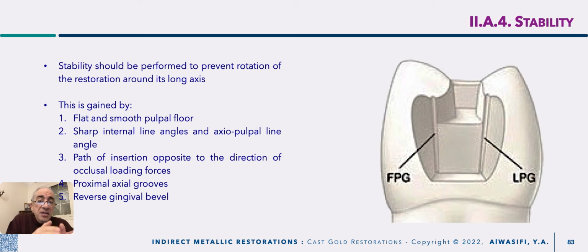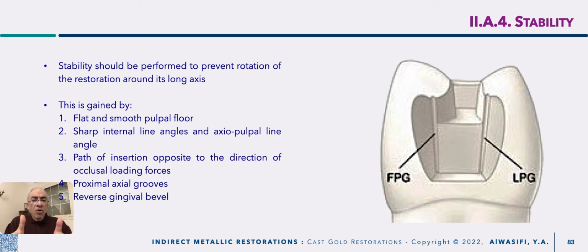Stability means the restoration will not be detached or dislodged outside the cavity, but it could be displaced. It could rock in place. That's called stability. It will not be absolutely dislodged, but it could rock unstable.